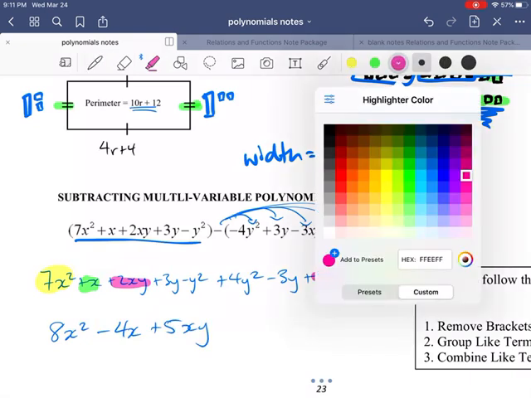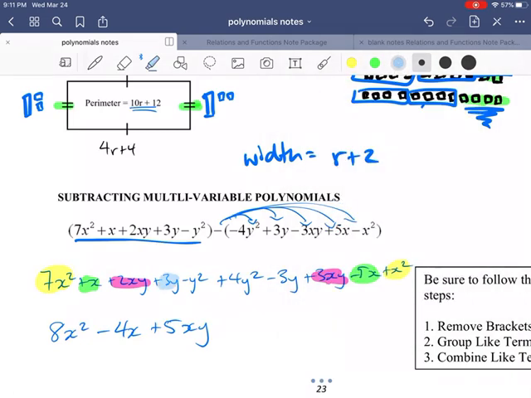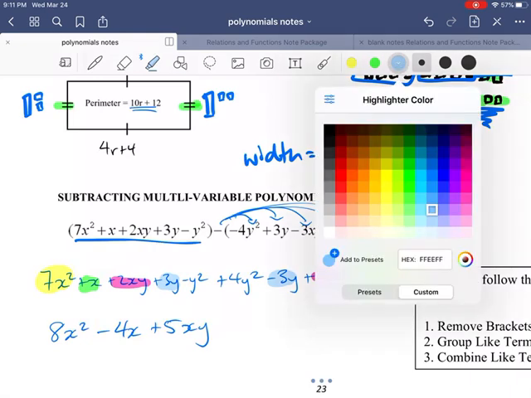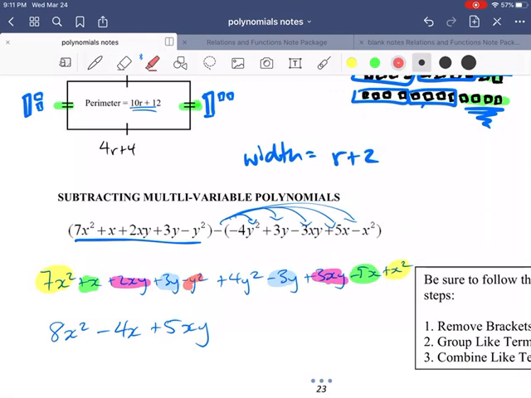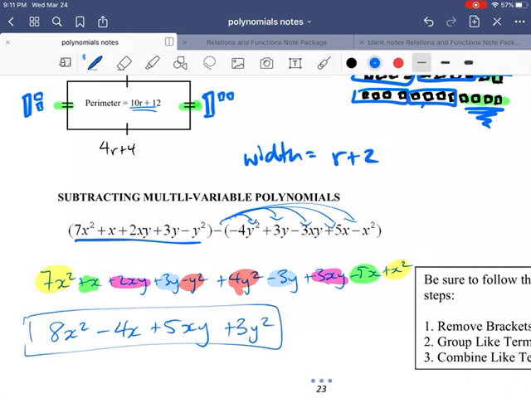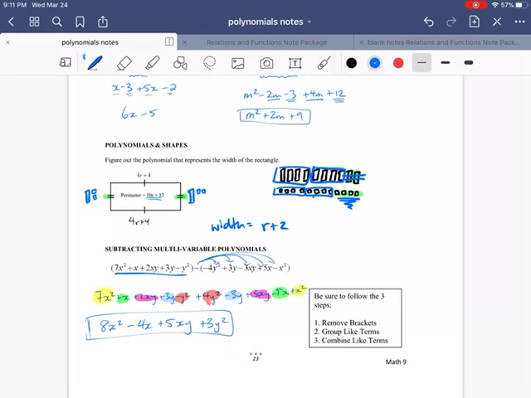Then we've got the 3y minus 3y. Well, 3y minus 3y is 0, so it just cancels out. It's a 0 pair. Then we've got negative y squared and 4y squared, which leaves us with positive 3y squared. There's nothing else to combine. There are no more like terms, so that's it.